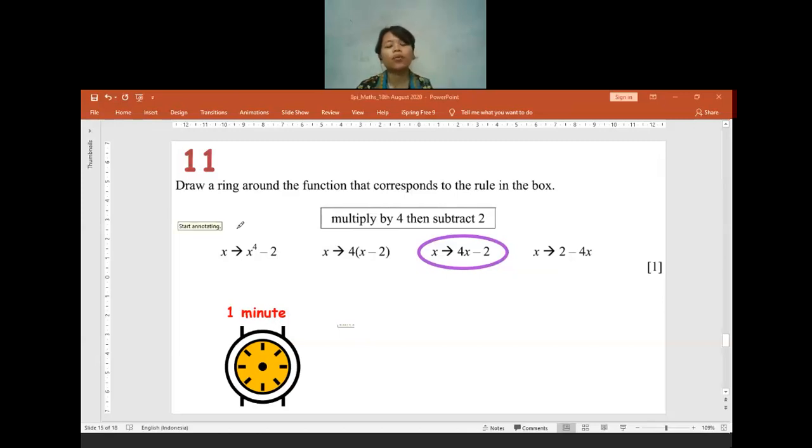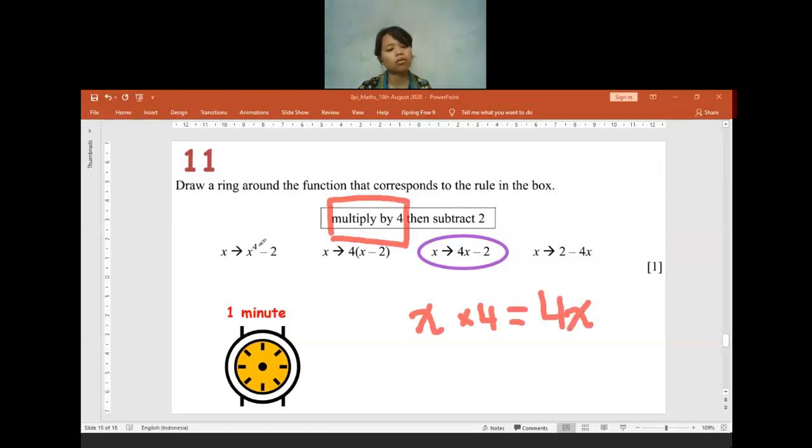For question 11, we have a number multiplied by 4. So x, when we multiply it by 4, it will be only 4x. It will never be x to the power of 4.